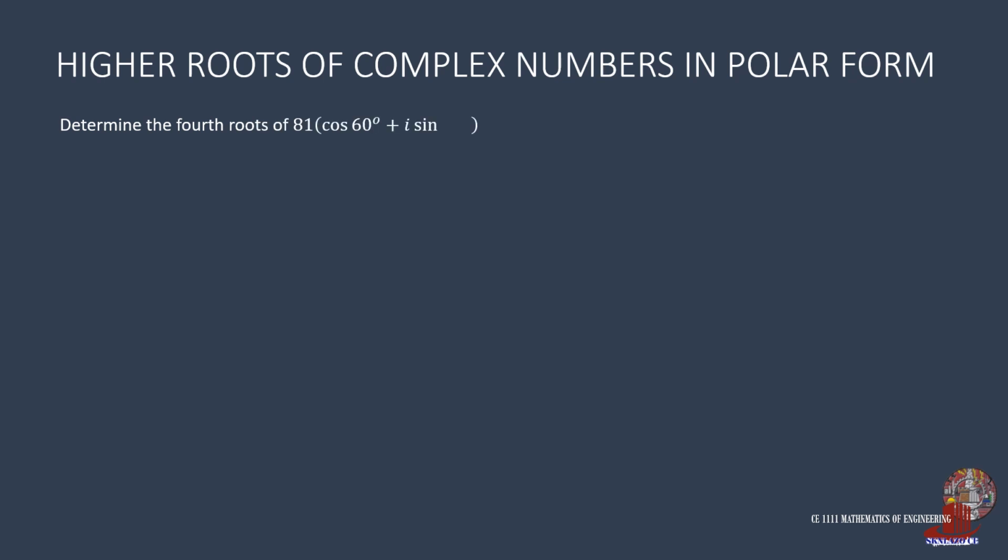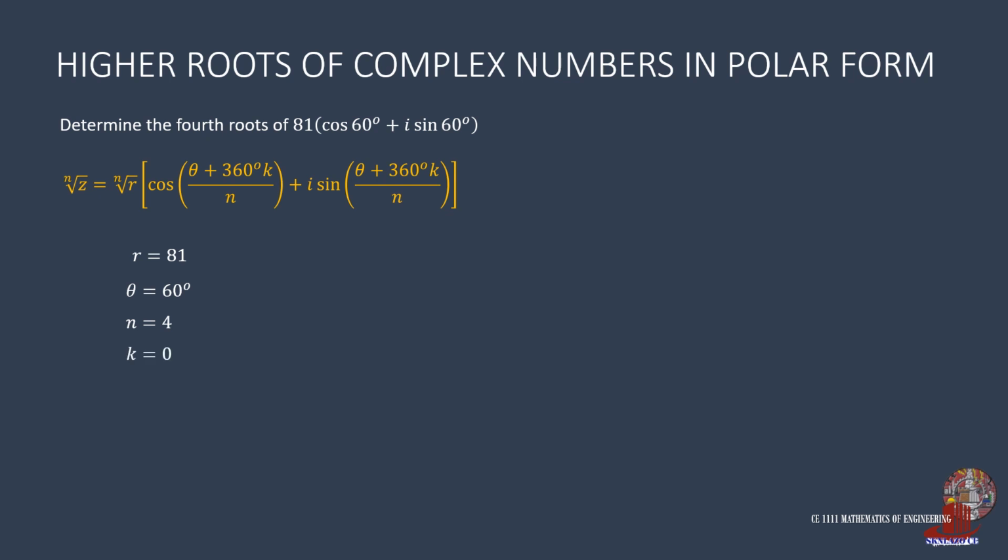For example, the fourth root of the function 81 (cosine of 60 plus i sine of 60 degrees) is required. Using the formula, r is 81, theta is 60 degrees, n is 4, so k goes from 0 to 1, 2, and 3.